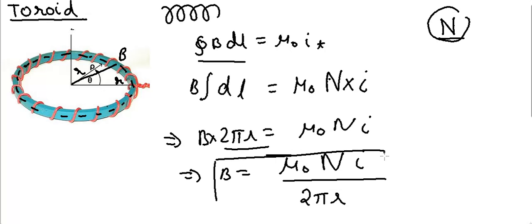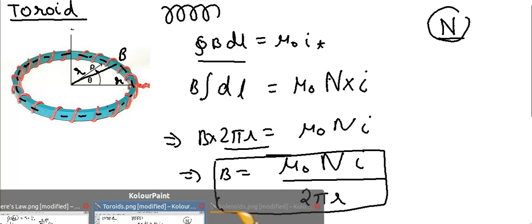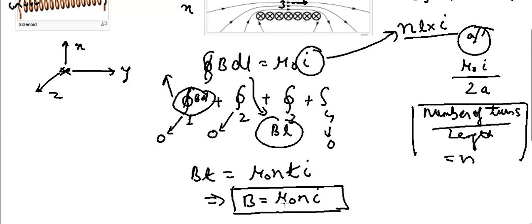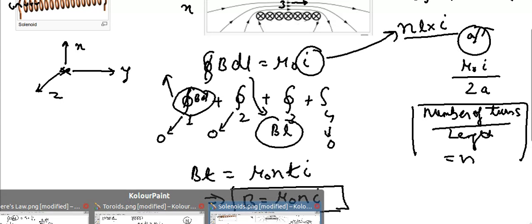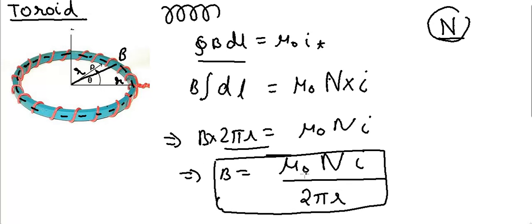If you compare this with our solenoid equation, it was just mu naught small n i, where small n is the number of turns per unit length. In the toroid it is mu naught capital N i by 2 pi r, where N is the total number of turns.